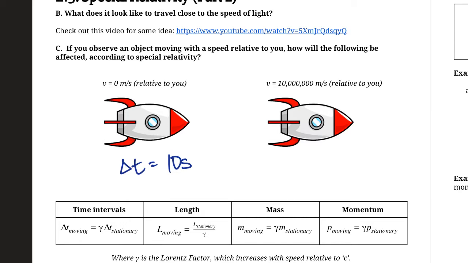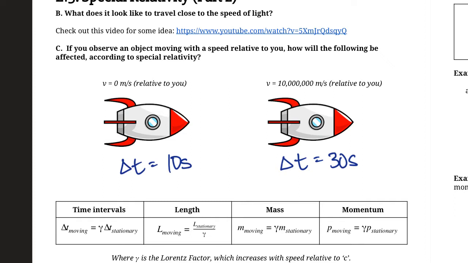So if you could see in that same amount of time that you timed 10 seconds, you might see that a same stopwatch on the other ship maybe goes by something like 30 seconds. It's not going to be exact, I just sort of made up these numbers. You could actually calculate it, and we're going to calculate it later. But the important thing is more time will pass on that second spaceship, according to you looking at it from your spaceship in that same amount of time, which is a bit strange.